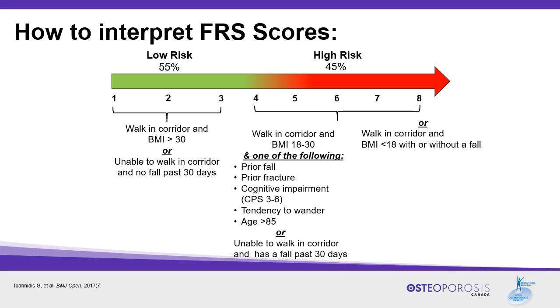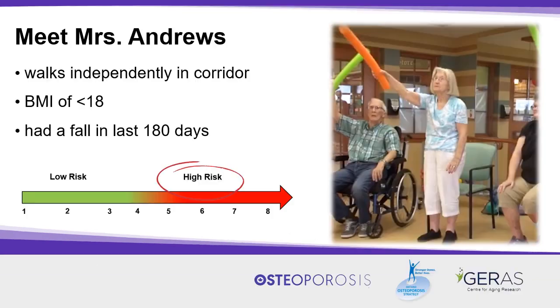Those who are high risk are walking in the corridor, have a BMI of 18 to 30, and one of the following: falls, prior fracture, cognitive impairment with a CPS score of 3 to 6, tendency to wander, age greater than 85, or unable to walk in the corridor or had a fall in the past 30 days, or this other high-risk group who are walking in the corridor with a low BMI with or without a fall.